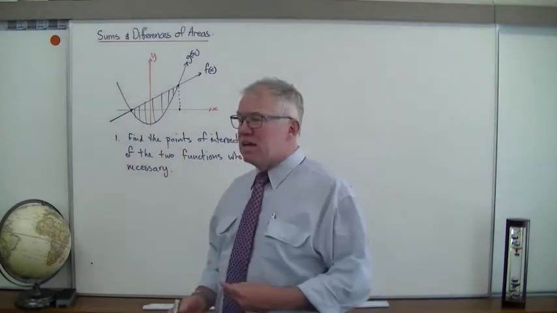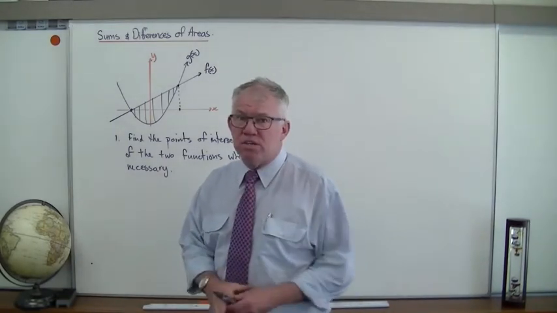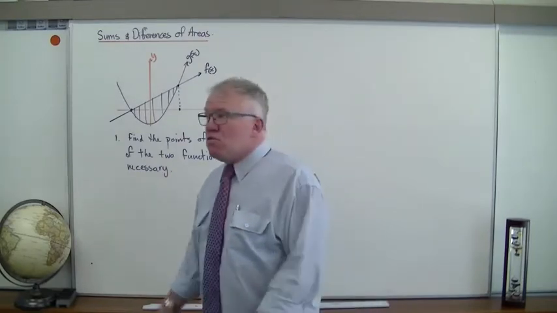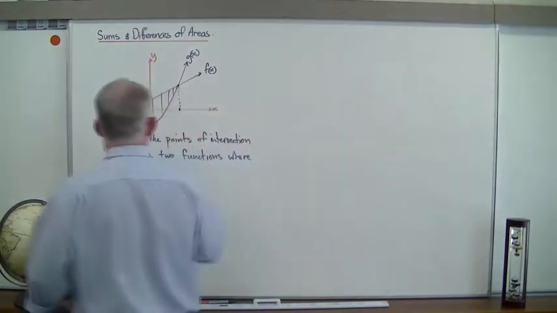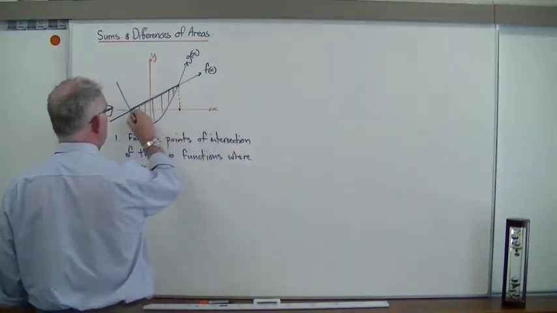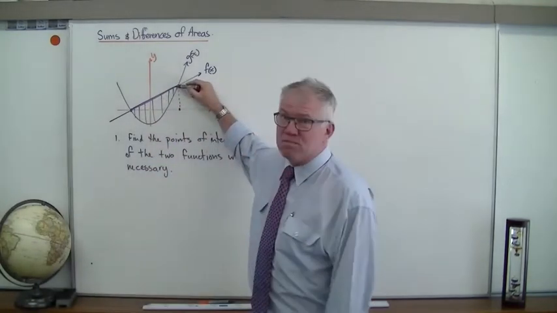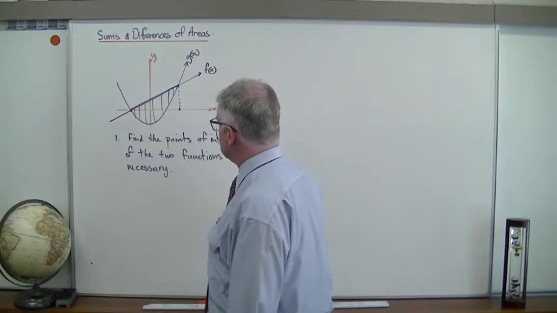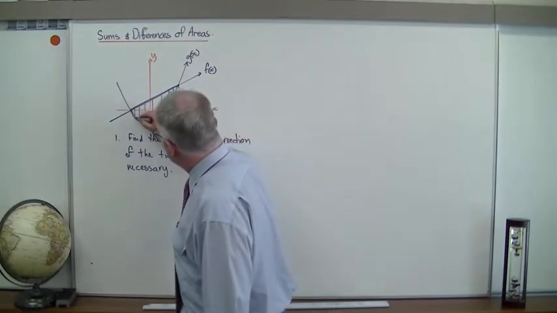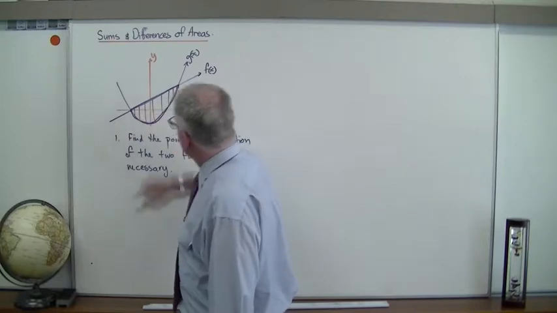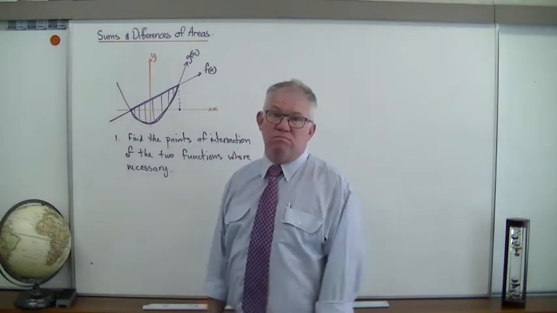And now, coming back to how I opened up initially, if you're finding a difference, it's usually the bigger thing minus the smaller thing. From my perspective, between these two points, the straight line is the bigger thing, it's higher up. And whatever this function is here, the g of x curve, that's the smaller one.